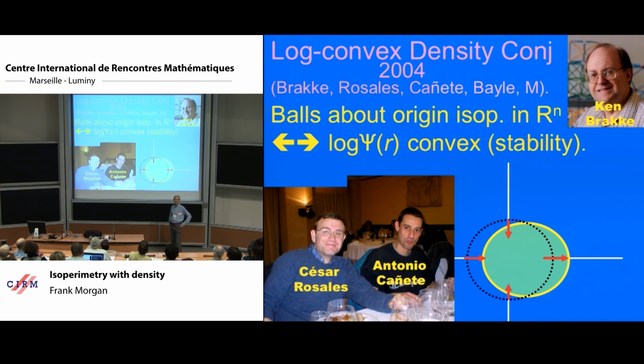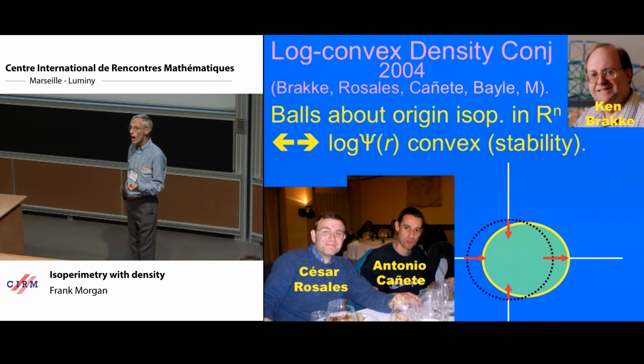So this was the so-called log-convex density conjecture, that balls about the origin are isoperimetric in R^n if and only if the log of the radial density is convex, which is the stability condition. The same idea we talked about with the Granada students, stability implying minimization in these particular cases.